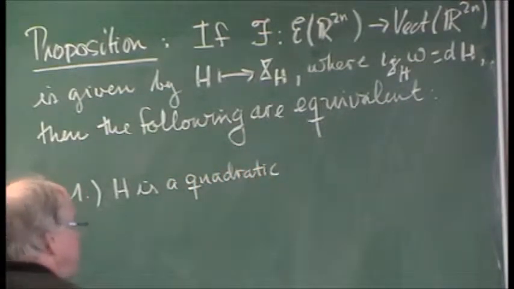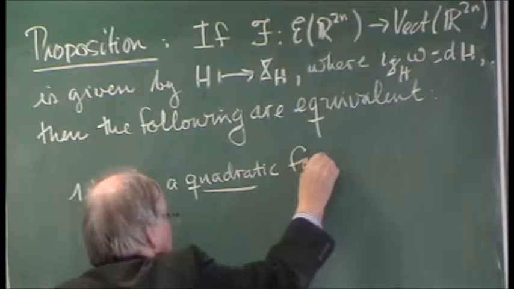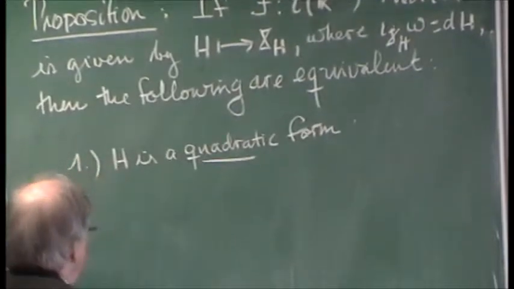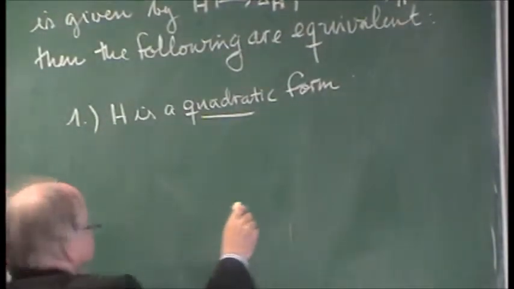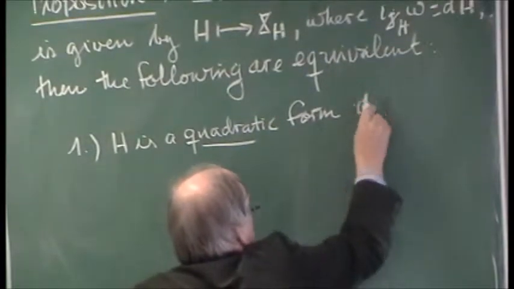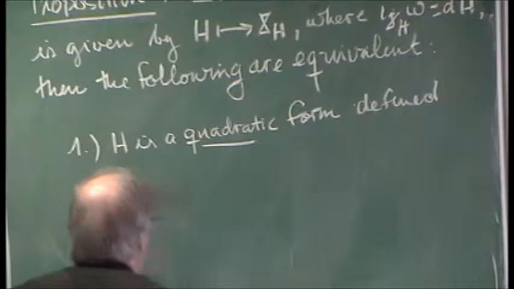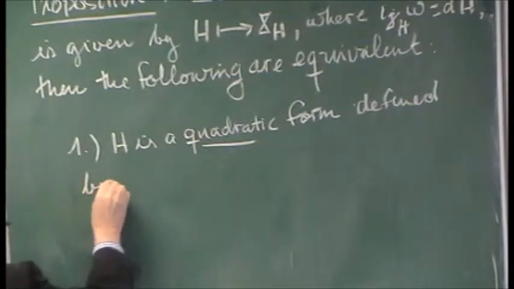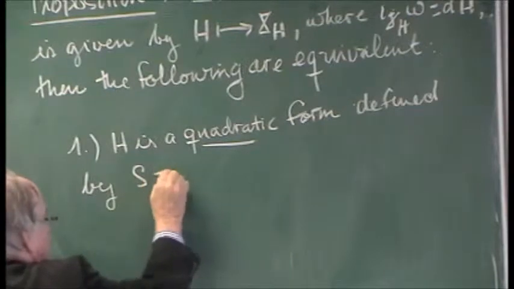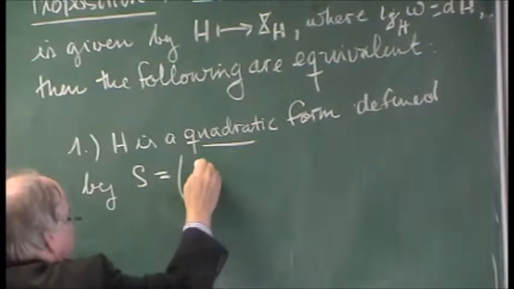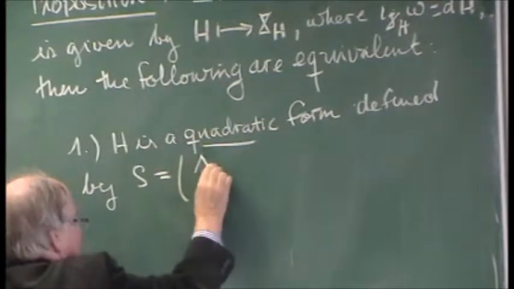So the simplest case, which is really very much the physical case, so a quadratic form. So let's even say defined by a symmetric matrix, say S, which is the form B. No, sorry, I want to get the letters going here.